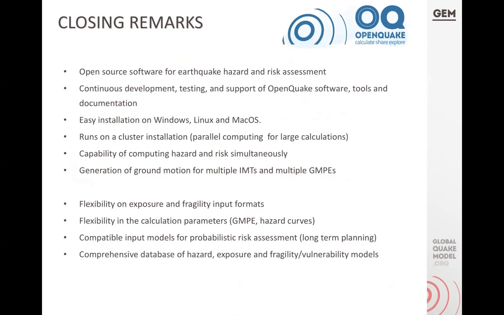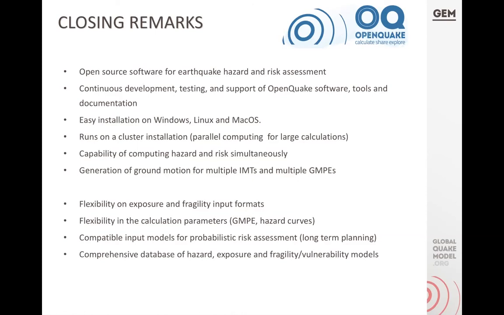So, just to conclude the presentation on the introduction to OpenQuake: OpenQuake is open source software for earthquake hazard and risk assessment. The development happens in public through a continuous development environment. It has a series of unit tests and quality assurance tests before any new changes are merged into the OpenQuake code base.